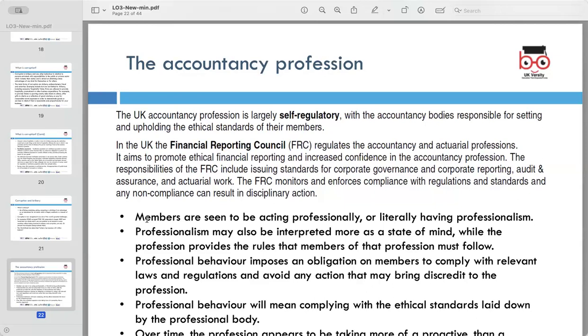This reactive approach involves addressing issues as they arise. Alternatively, the profession can adopt a proactive approach by actively seeking to contribute positively to the public interest. For example, providing guidance on environmental auditing, reflecting a commitment to social well-being, even in the absence of direct demand from stakeholders. These approaches demonstrate the profession's evolving role in addressing social needs and promoting ethical conduct.